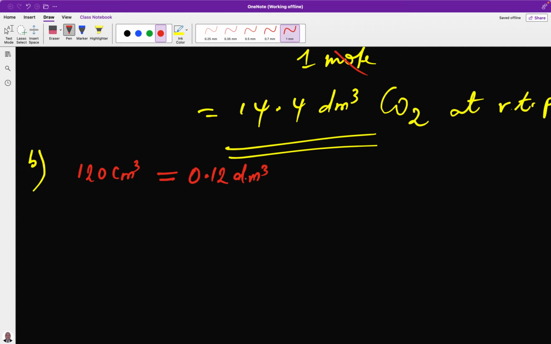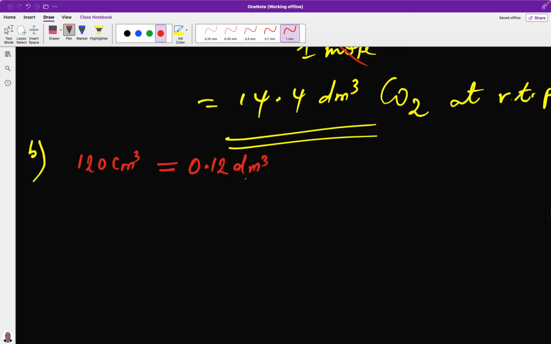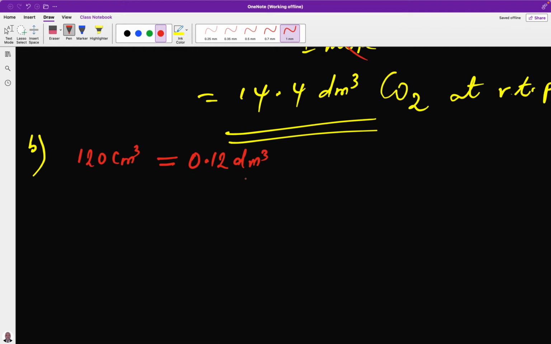So now we convert our cubic centimeters to cubic decimeters. Now we can use a simple proportion.